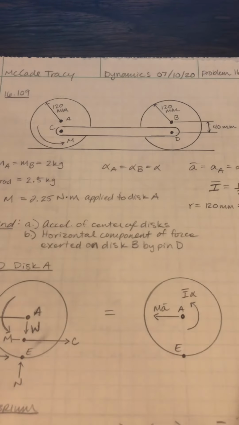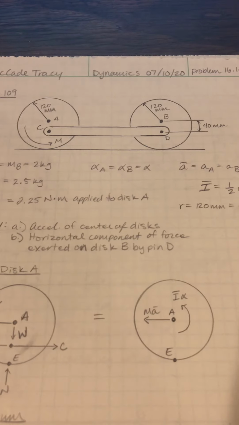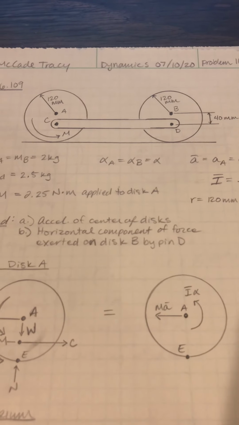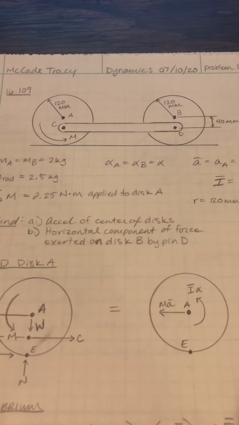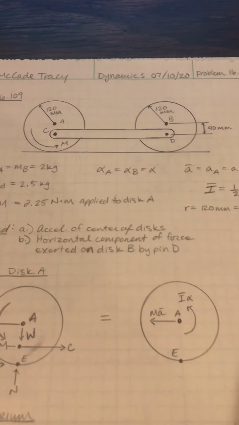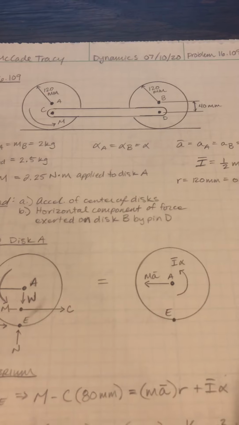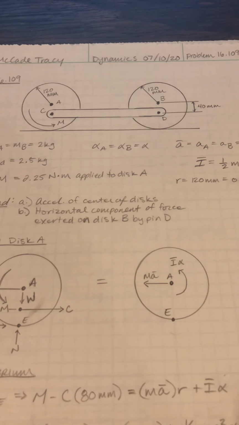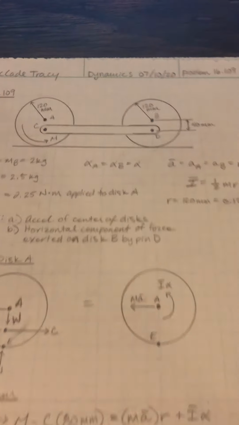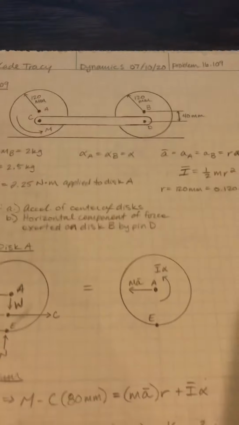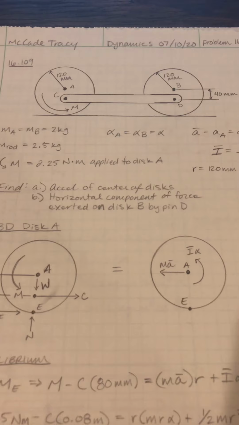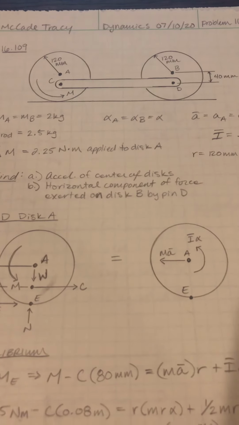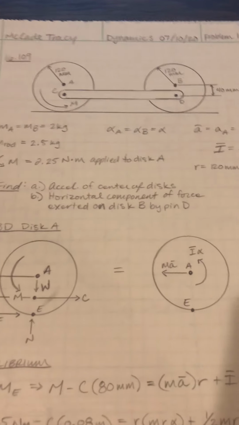We have a counterclockwise couple moment of 2.25 newton meters, and we know that the discs roll without sliding. We're being asked to determine the angular acceleration, or the acceleration of the center of the discs, and the horizontal component of force exerted on disc B by the pin D.